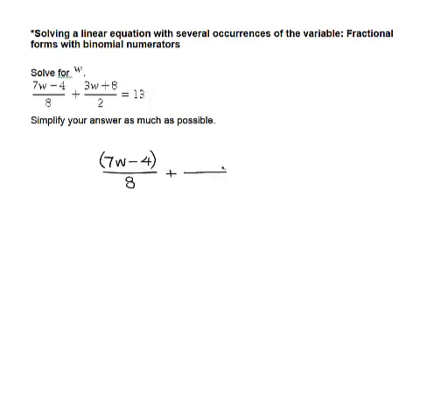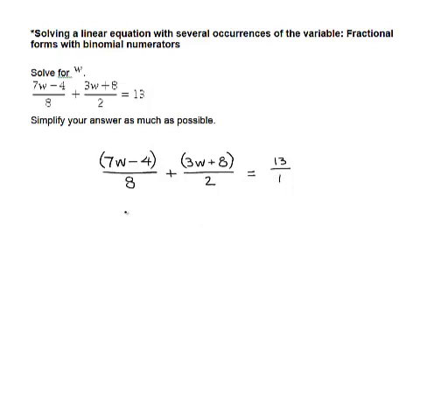And I'm adding it to 3w plus 8, all over 2. And again, I remind myself by putting parentheses around my binomial numerator. And that all equals 13. And I'm going to go ahead and just remind myself that's the same as 13 over 1.